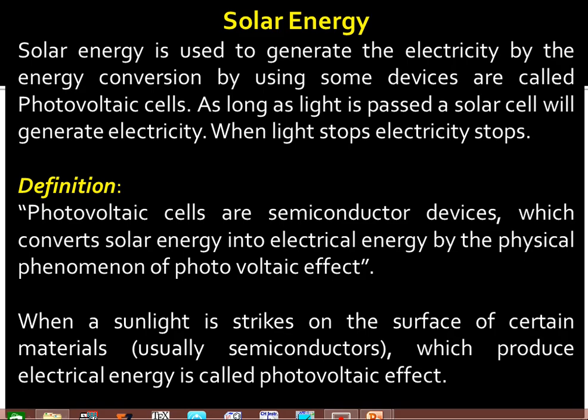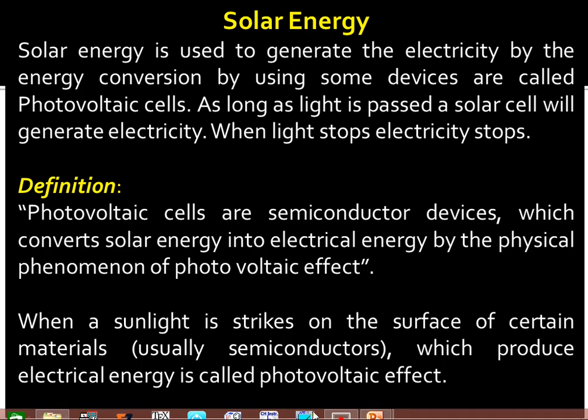According to the photovoltaic effect, when sunlight strikes the surface of a semiconductor material, it produces electricity through the migration of electrons. This physical phenomenon is called the photovoltaic effect.